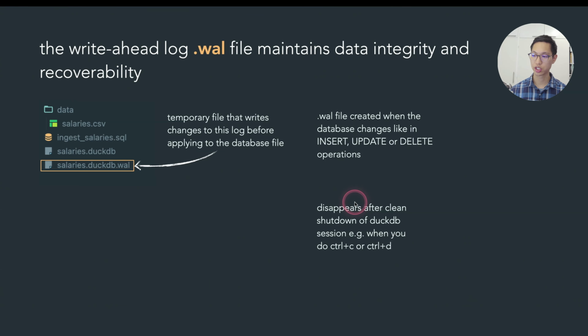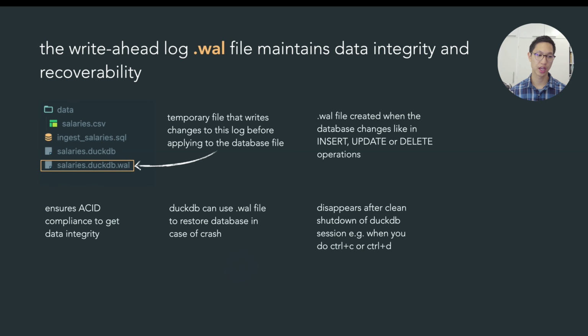So when you're shutting down your session, then the .wal file will be cleaned and actual changes will happen in your database. So it ensures data integrity. Exit, we will come back to later on. DuckDB can use the .wal file to restore the database in case of a crash. Okay.